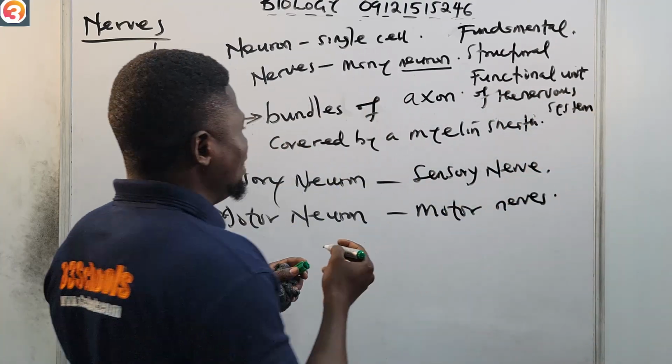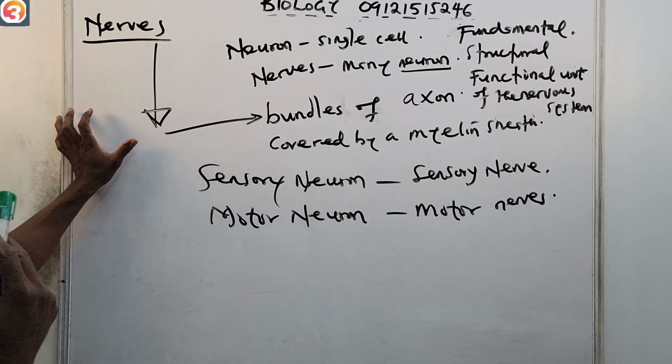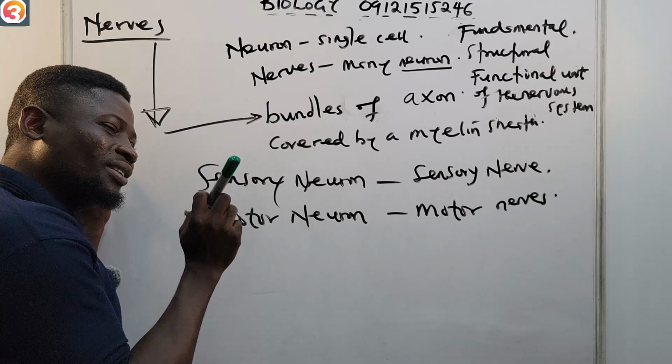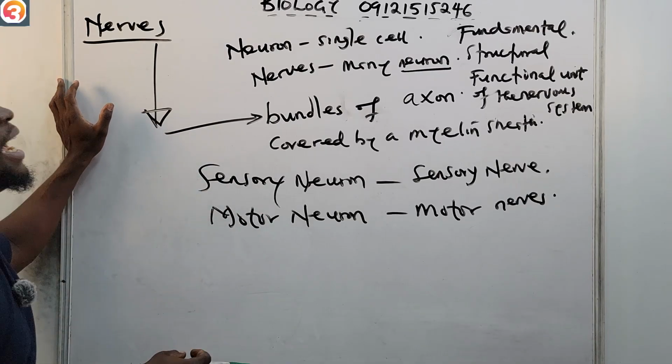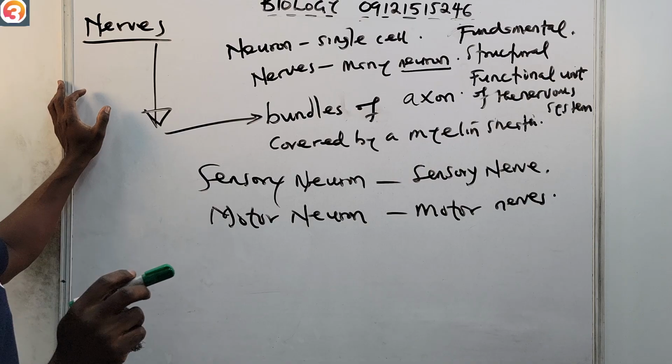You have to take note of that. We have already defined the neuron earlier, and we are trying to recapitulate on it: the neuron is the fundamental, structural, and functional unit of the nervous system.